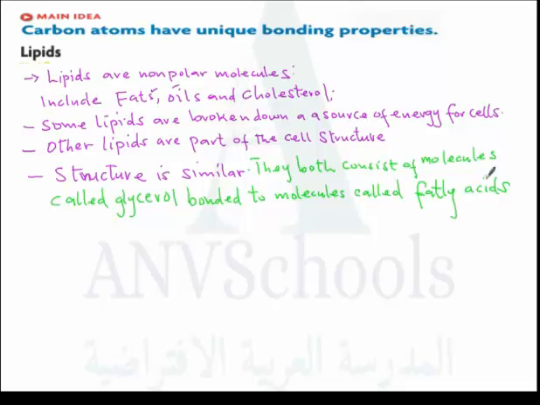Many lipids, both fats and oils, contain 3 fatty acids bonded to glycerol. So many of the fats and oils will have that structure, and because of this structure of 3, we call them triglycerides.